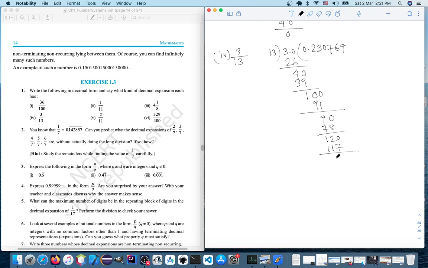Now it will start repeating because we again got 3, and initially we started with 3. So now it has started to repeat.